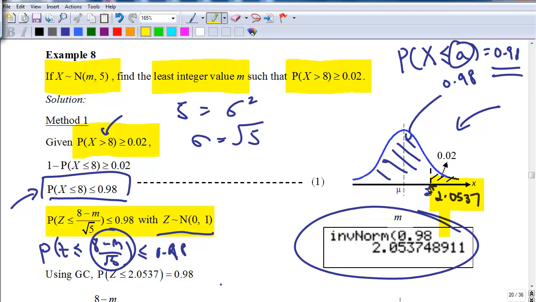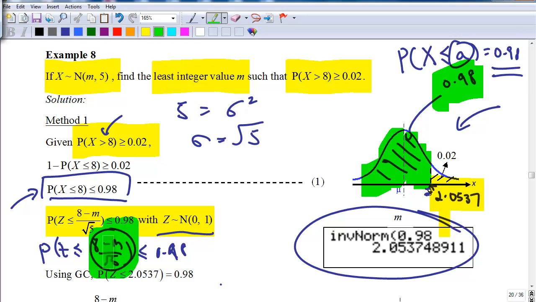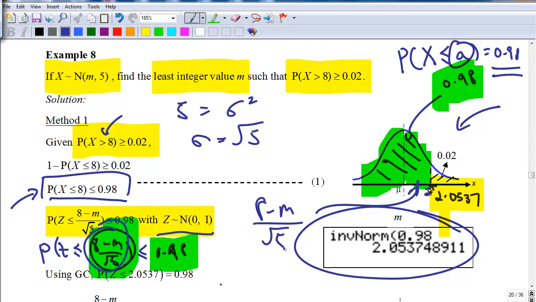Now, why is that so? Because this shaded region is 0.98. And this number here, Z less than or equals to this number, the probability is less than or equals to 0.98, which means that this number must always be on the left of 2.0537. It has got to be somewhere on the left. Why?